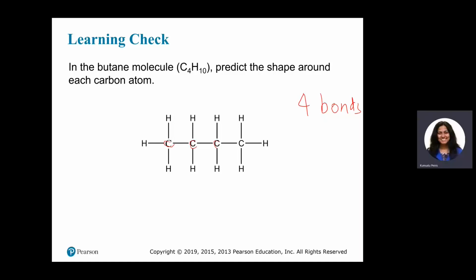When you have 4 sigma bonds around a central atom, that structure will get the tetrahedral geometry. So the shape would be a tetrahedron.